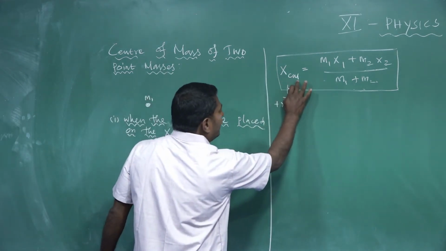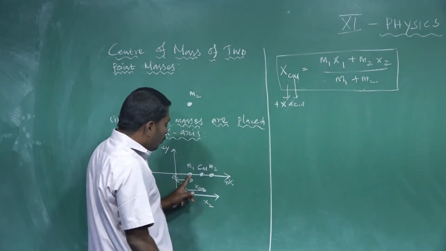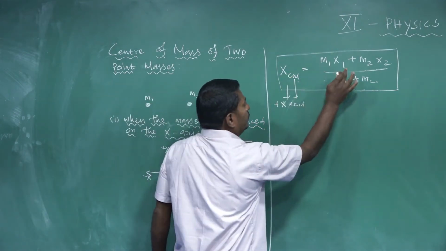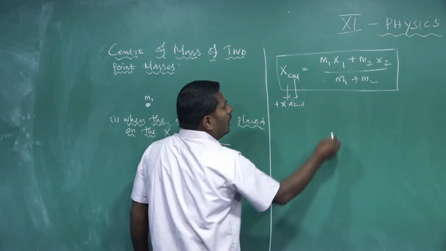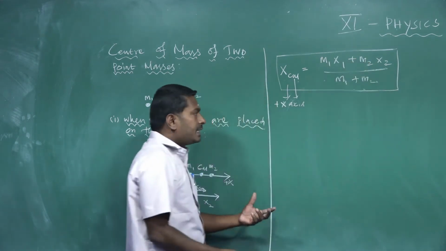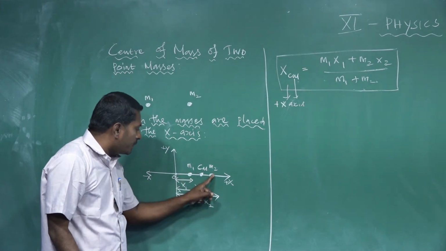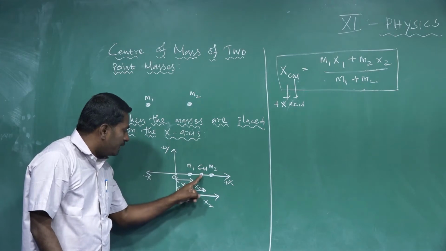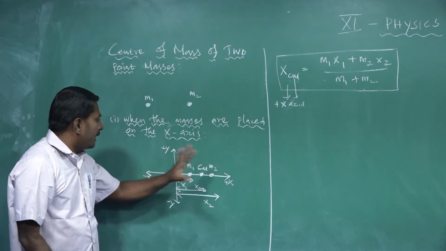That is the equation: X_CM, where CM represents the center of mass of the 2-point masses of the system, is equal to m1x1 plus m2x2 divided by m1 plus m2. Already we know x1, x2, m1, m2, so we can easily find the position of the center of mass point of the 2-point masses of the system. It is one of the ways to find the center of mass point when the masses are placed on the x-axis.